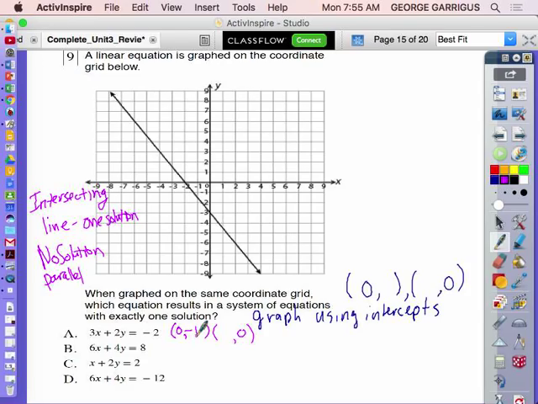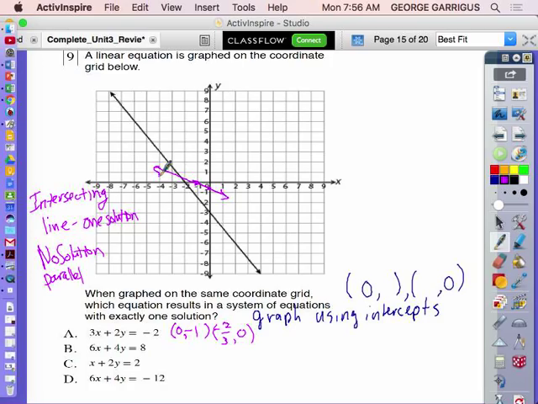When we make y 0, we get x is negative 2 over 3. If I graph that, 0, negative 2/3 is there. 0, negative 1 is there. I'm sorry, negative 1, 0. And it looks like we might have an intersecting line here. Let's try the next one.